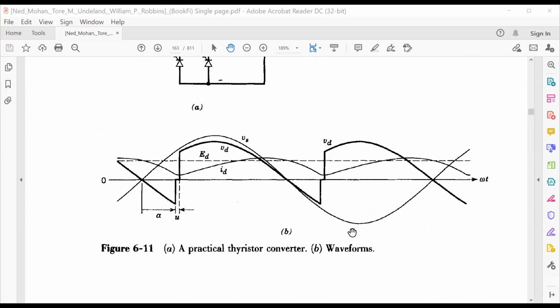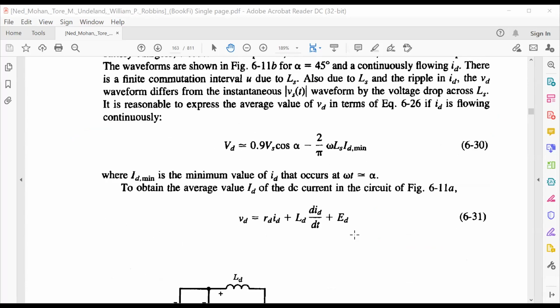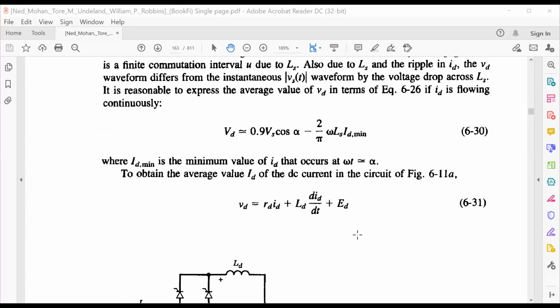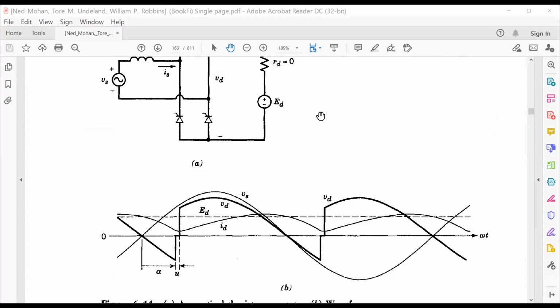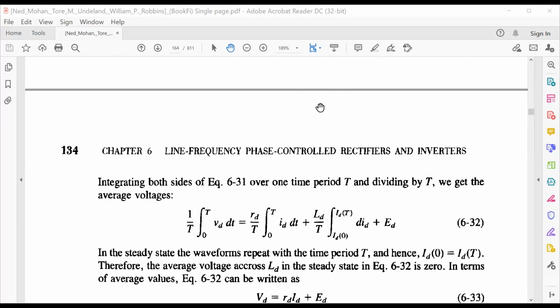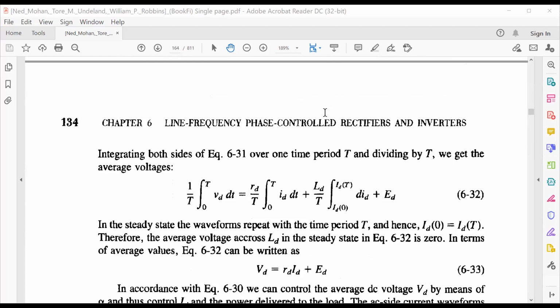This is 6.3. This is the Kirchhoff's voltage law. And after that, they have derived the later equation 6.33.